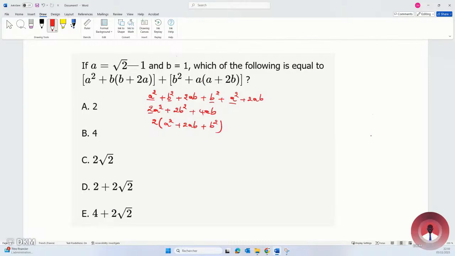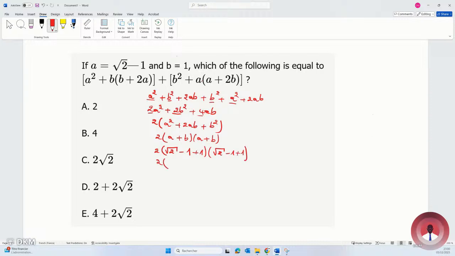Okay, we've just factored it. And this is actually A plus B factor of A plus B. Once we have this form, we can just replace the value of A and B. So A is square root of 2 minus 1, and B is 1, so plus 1 here. And then the same thing, square root of 2 minus 1 plus B, which is 1.